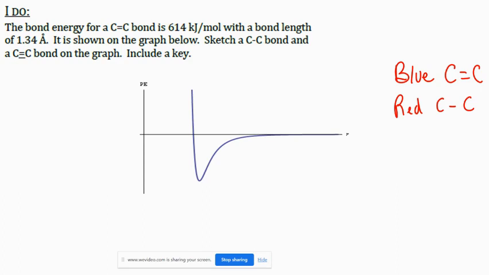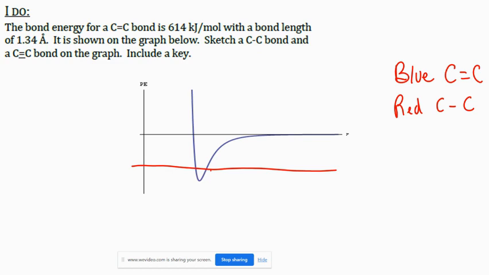All right. So, do we expect our new CC single bond to have more potential energy or less potential energy? It's going to be up here, isn't it? It's going to be somewhere here. So it's more. Yep.